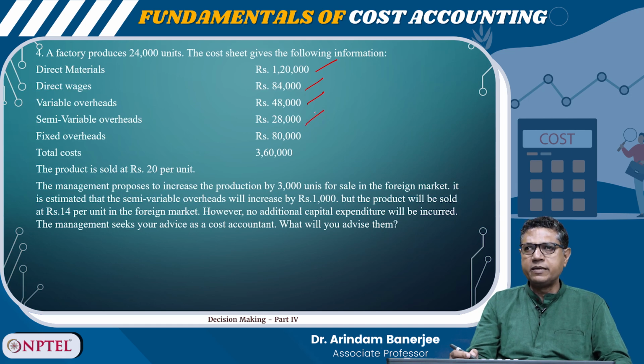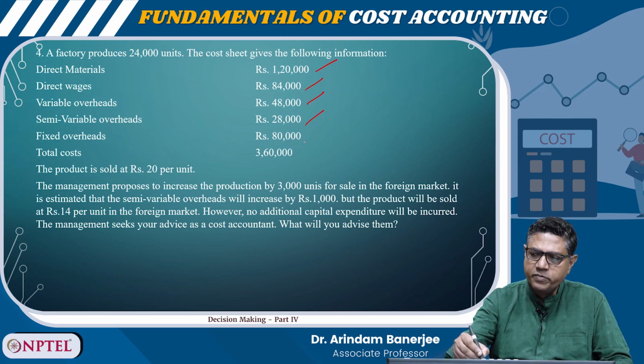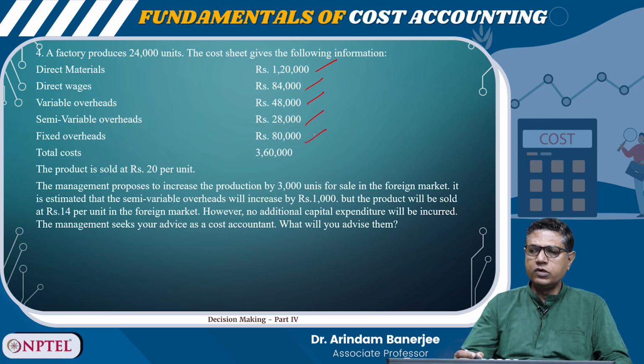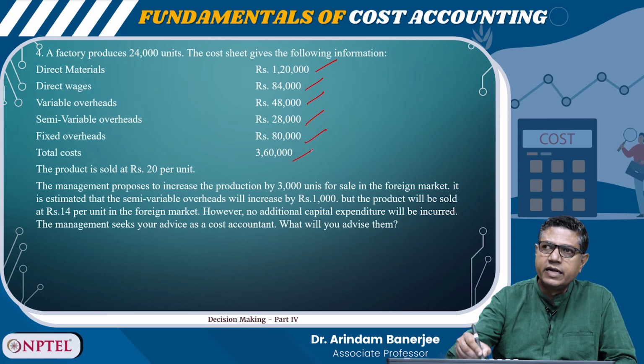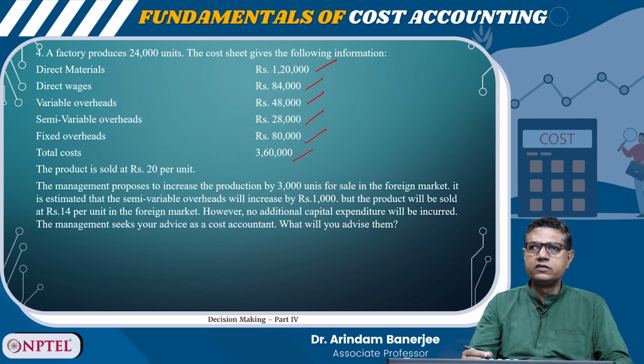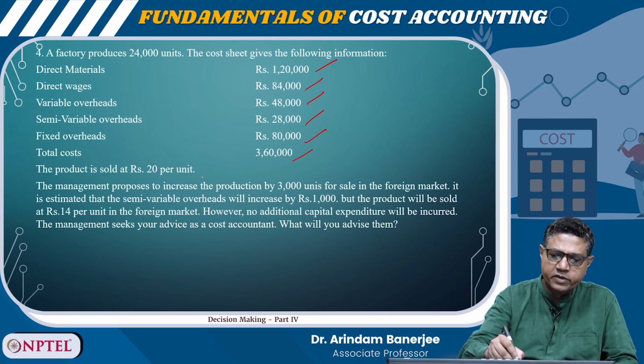As I said earlier, semi-variable overheads are those which are partly fixed, partly variable in nature, right. Fixed overheads rupees 80,000, total cost rupees 3,60,000. The product is sold at rupees 20 per unit.